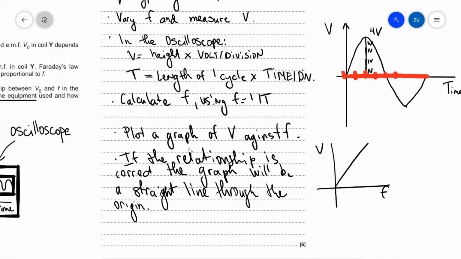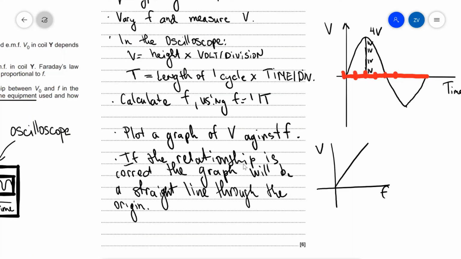After we have all this data, we're just going to calculate the frequency F using F is equal to 1 over T. Now, at this point, we'll have tabulated data of the potential difference V of the induced EMF against the frequency, and this will allow us to plot a graph of V against F.